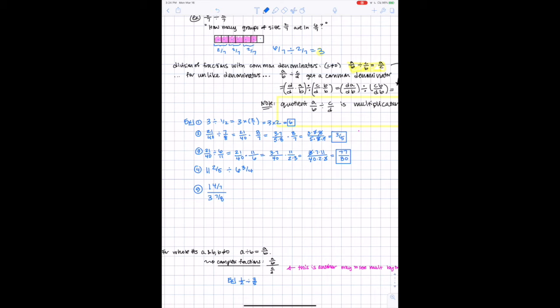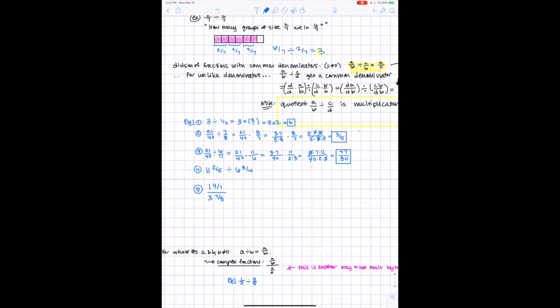All right. In our next example, here we're dividing these two mixed numbers. Last time when we were talking about multiplication with mixed numbers, we talked about two different ways to look at it. We can leave them as mixed numbers, or we can rewrite them as improper fractions. In the case of division, I would think rewriting them as improper fractions is really the only way to get through here.